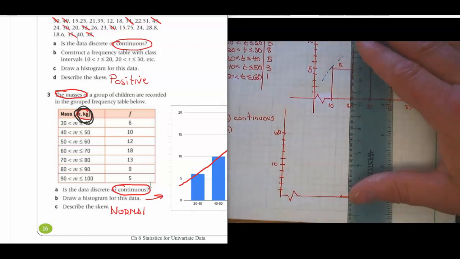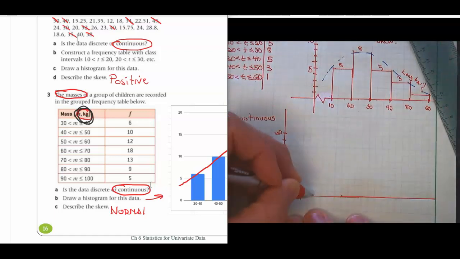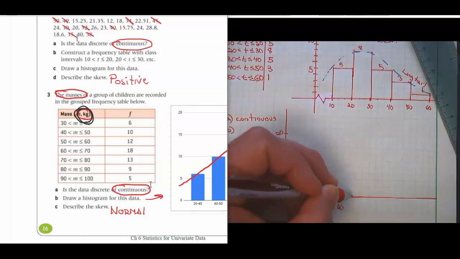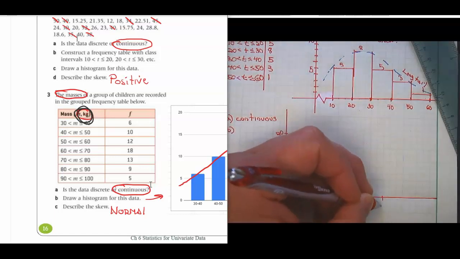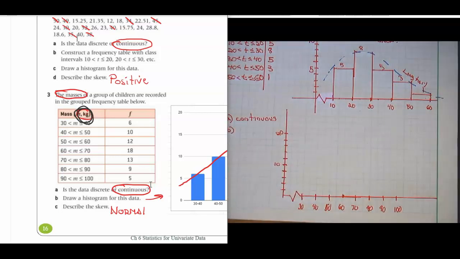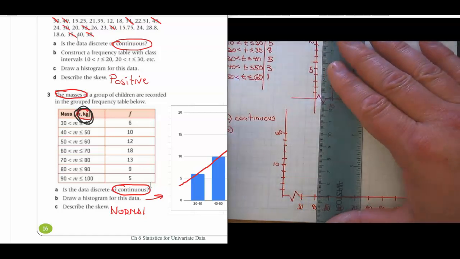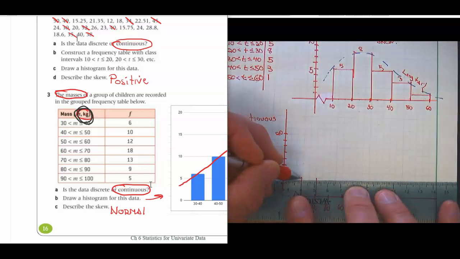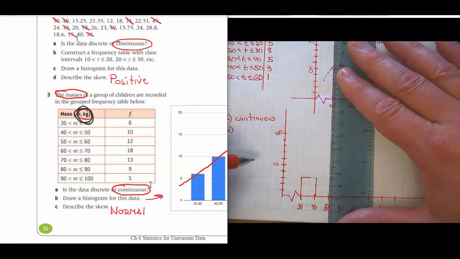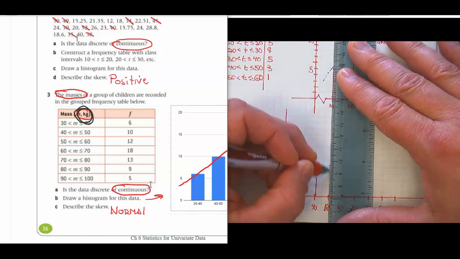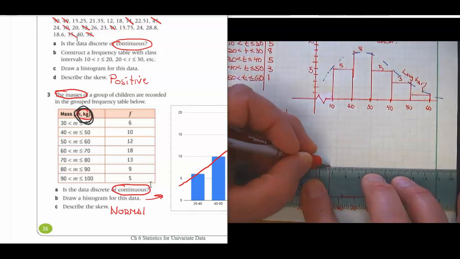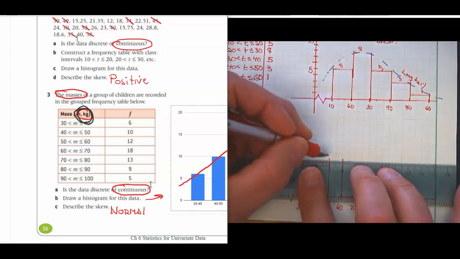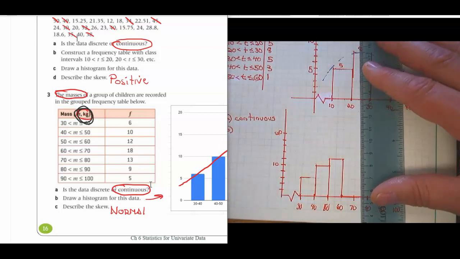Okay, and then 30 to 40. So I'm going to make these kind of skinny. Two, 4, 6. 10. 60, 70, 18.